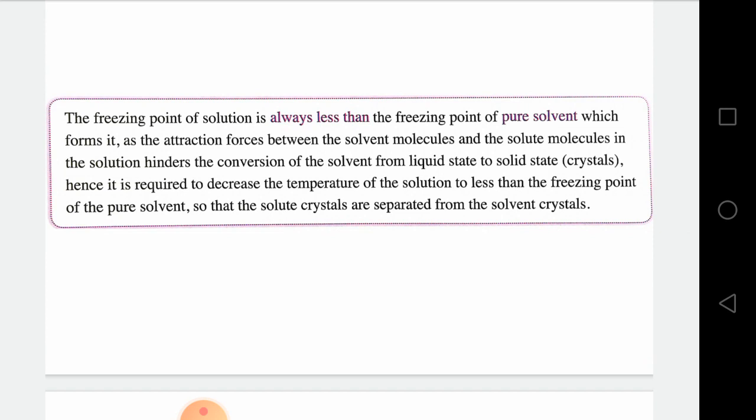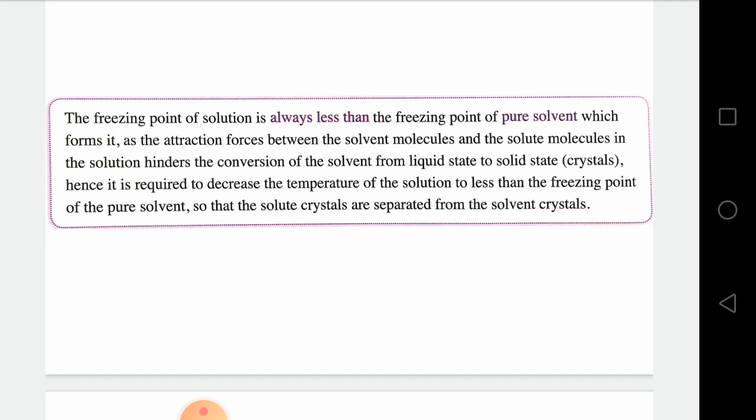This means what? As we said before, there are attraction forces between the molecules of the solvent. This attraction force is the cause of forming a certain crystal at the freezing point. If we add new particles of a solid, these particles will occupy the spaces between the solvent molecules.